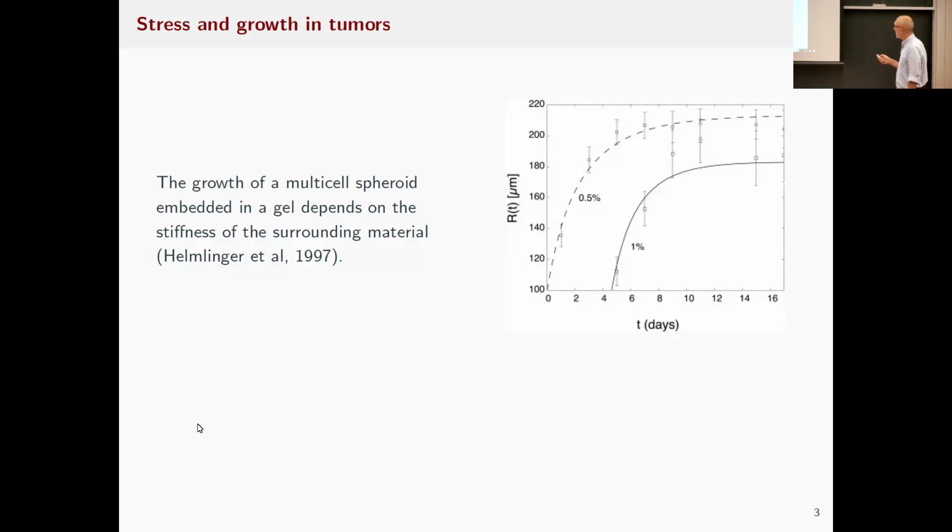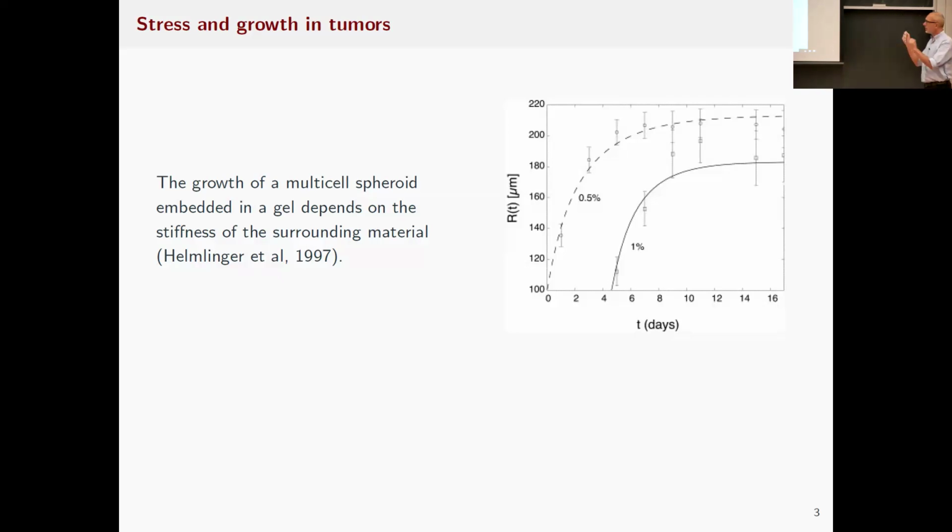Actually, they see that there is a dependence of the growth on the stiffness of the gel around. The stiffer the gel, the more there is an inhibition of growth.